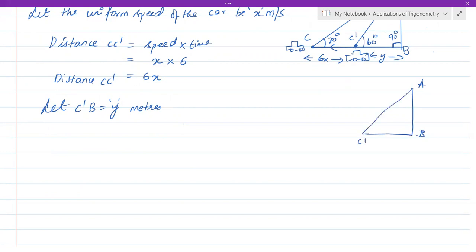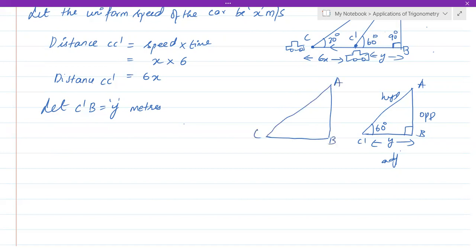Here this is 90 degrees and the angle is 60 degrees, and we have taken this value to be y. So this is the opposite, this is the adjacent and this is the hypotenuse. And in the other right angle triangle, it is ACB. Let me draw it properly.